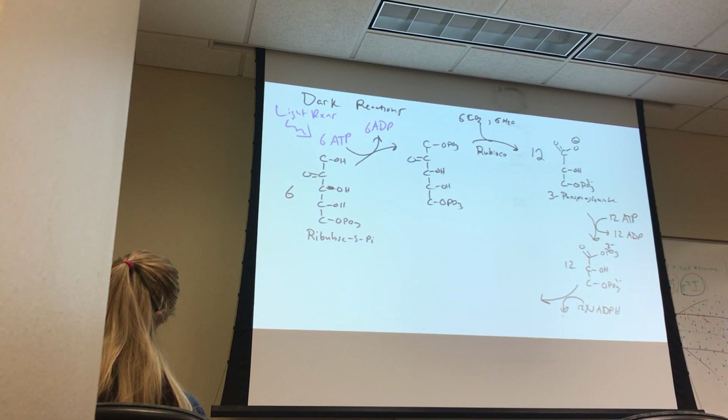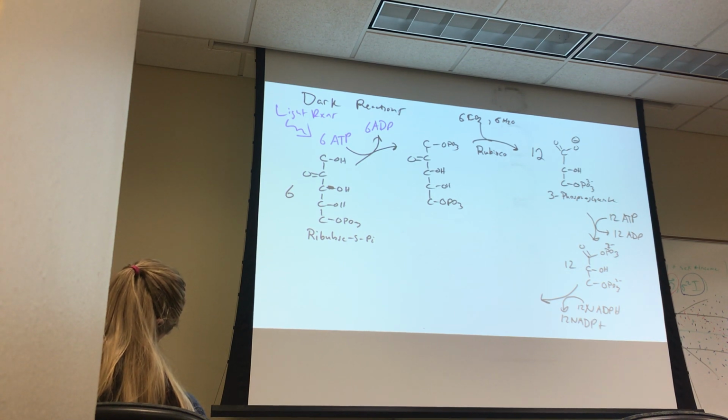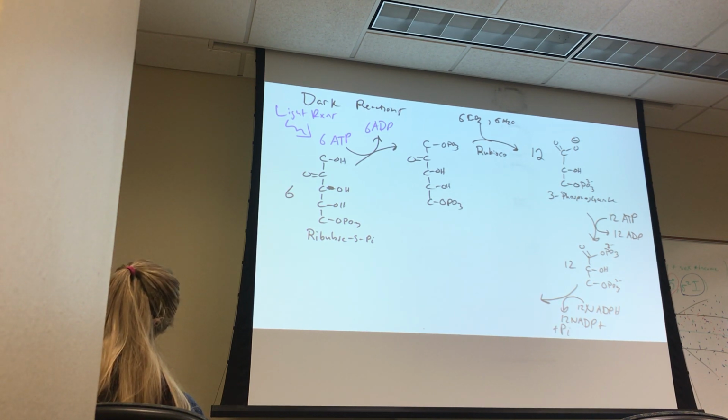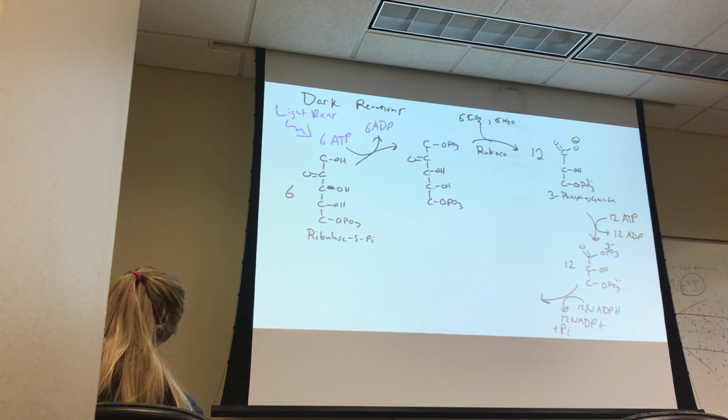We need 12 of those. We give up those electrons, and we give up the inorganic phosphate that was attached here. And we're going to make glyceraldehyde 3-phosphate.